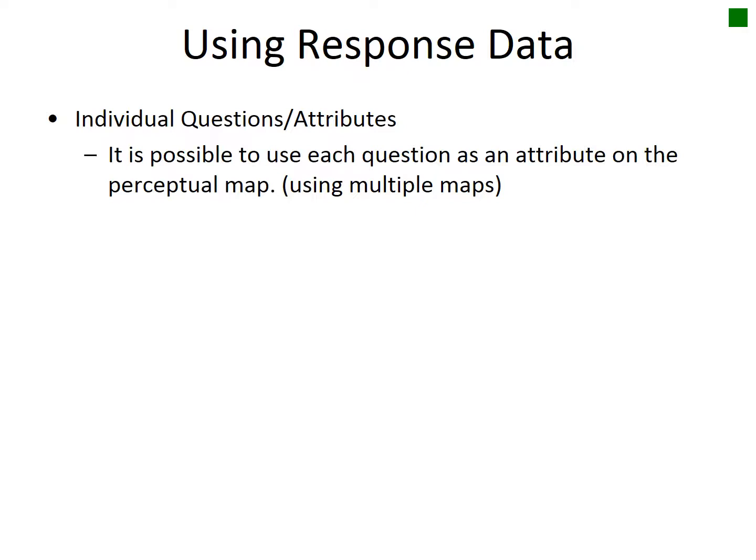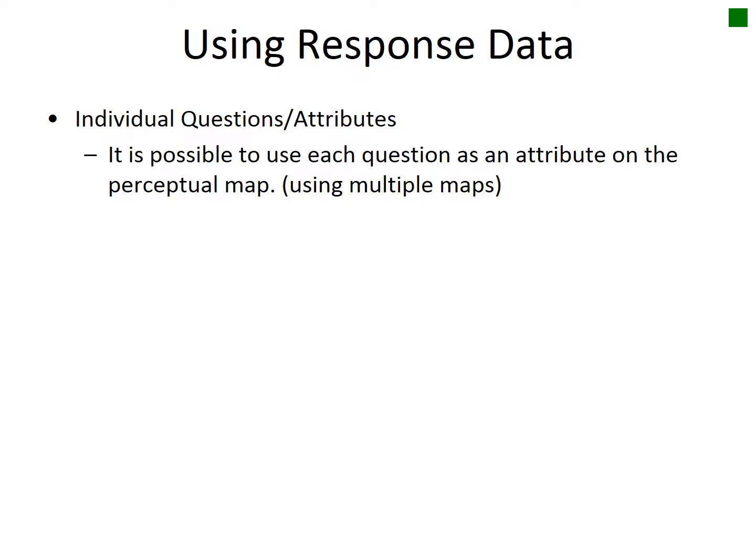Again, that's one of those steps in the perceptual map process. So we take the individual questions, we average them together, typically by consumer or by brand, through each question, and then place them on the map.